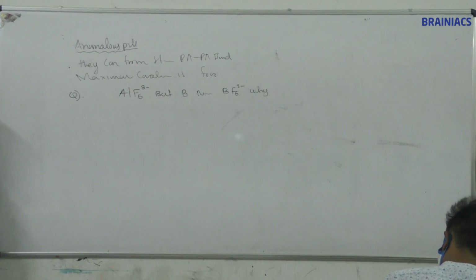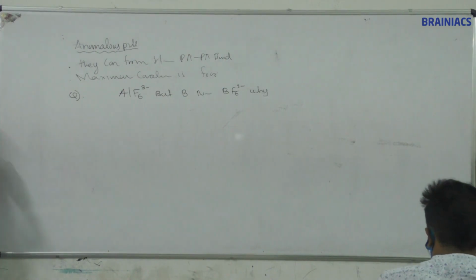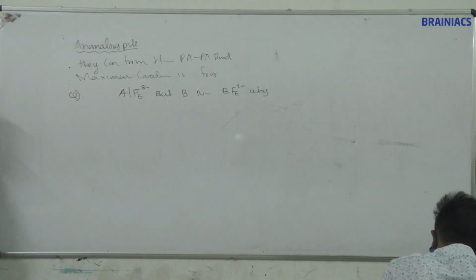Why? So what is the answer? Aluminium can extend its covalency beyond 4 due to the presence of a vacant d orbital, but boron cannot extend its covalency beyond 4 due to the absence of a vacant d orbital.